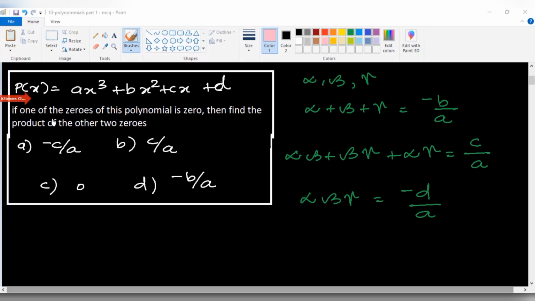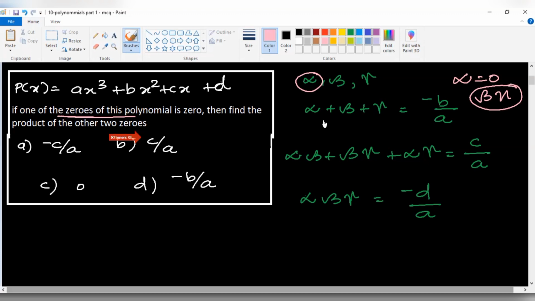In the question it is given that one of the zeros is 0, so let us take alpha as 0. What is asked is the product of the other two zeros, that is beta into gamma. This is what we need as the answer.